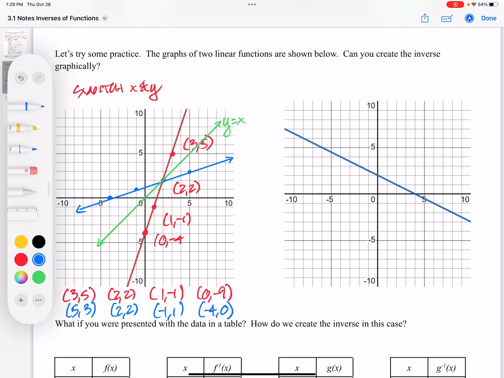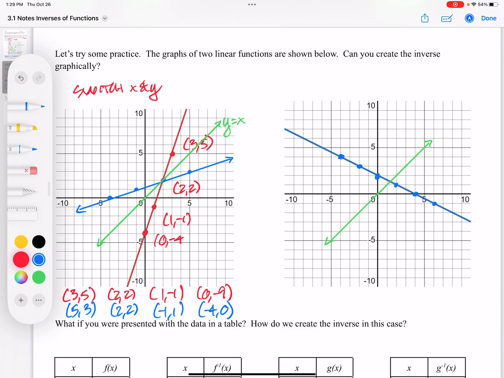The second approach we can use is to first draw in y equals x. Should look something like that. And then I'm going to identify points on the grid. It doesn't really matter what the ordered pair of these points are in this method.